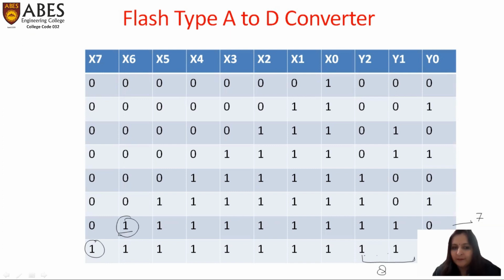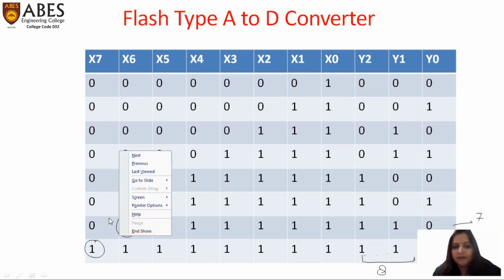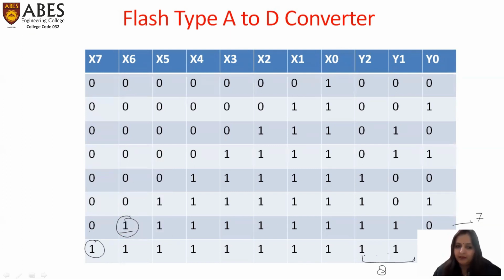The priority of this comparator will be considered, not considering whatever is in the 7th one or the 5th one. We'll only be talking about the highest priority, and that is given to x6. Here it is x5, and then the conversions of 6, 5, 4, 3, 2, 1, 0 follow accordingly.